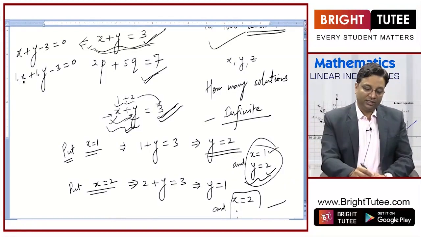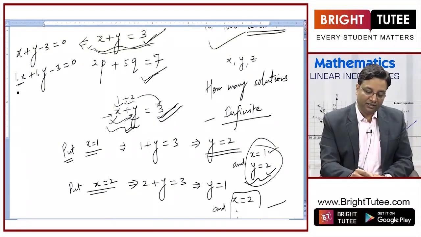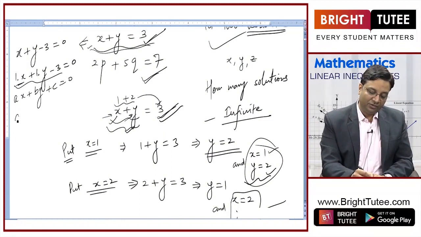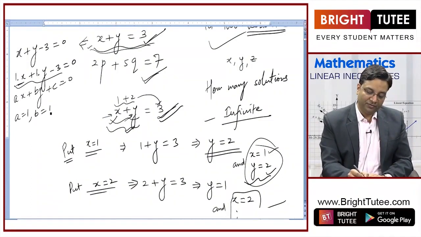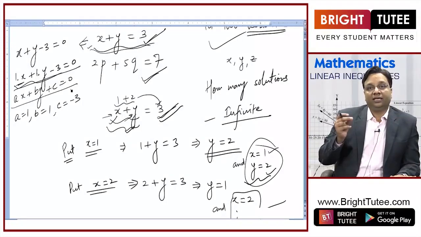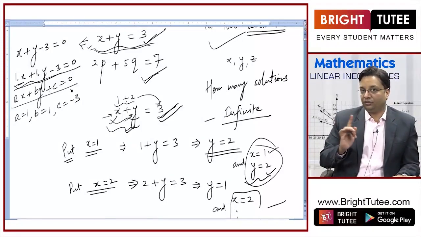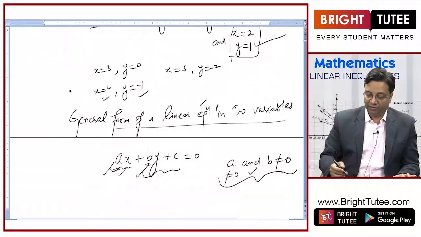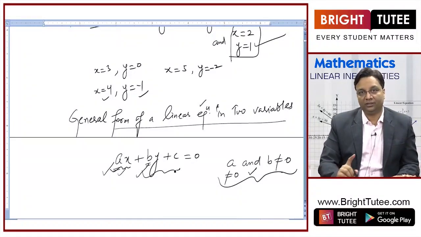It is understood that the coefficient of x is 1 here, but I have written it like this to show you that it is of the form ax plus by plus c equals 0. Hence value of a is 1, b is 1, and c is negative 3 in this equation, right? So we can write all the equations in two variables, linear equations in two variables, in this form: ax plus by plus c equals 0.